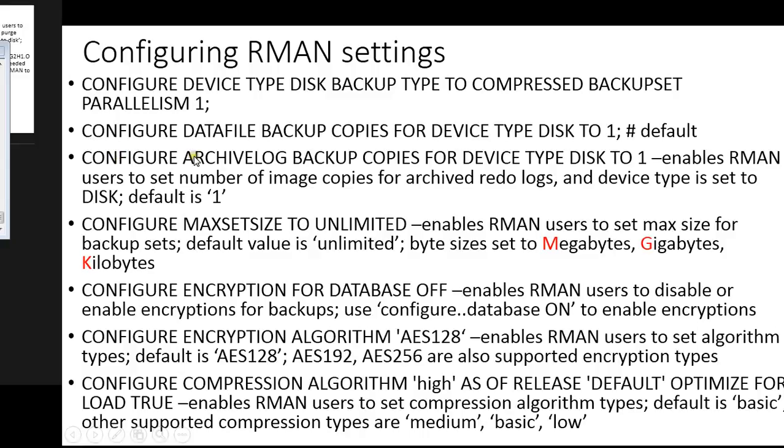And you have configure archivelog backup copies for device type disk to 1. Here you specify the number of image copies for each archive log that's being backed up. Notice that all of these are being configured for device type disk.